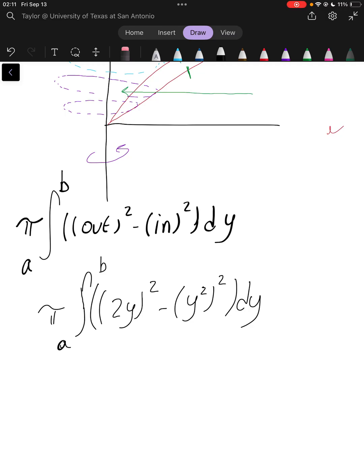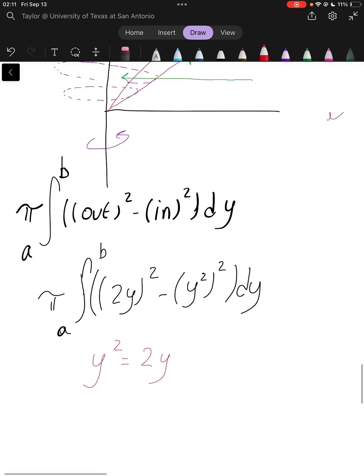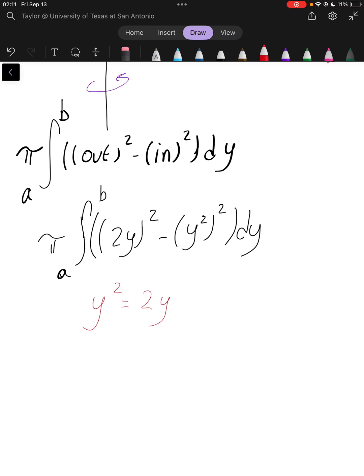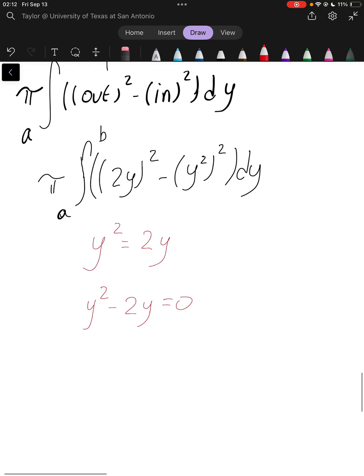So what I'm going to do is set y squared equal to 2y. Alright, and then we're going to look for our points of intersection here. So I'm going to change this to y squared minus 2y equals 0. I'm going to pull out a y from here and from here.